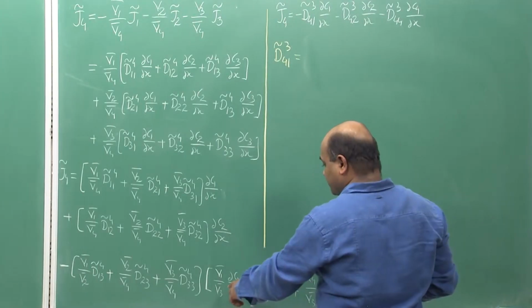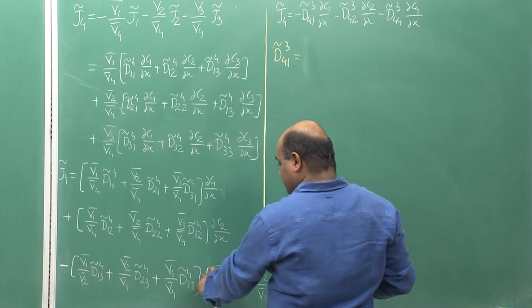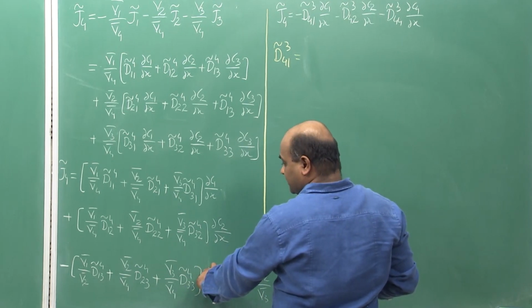if we take dou C1 by dou x common, this is multiplied by V1 bar by V3 bar.